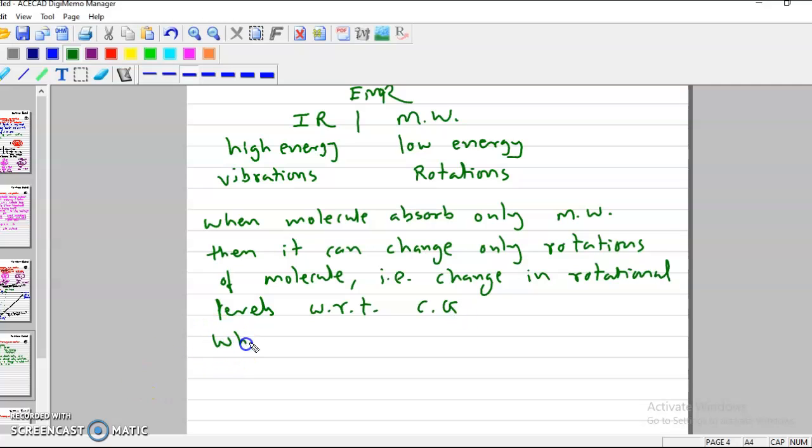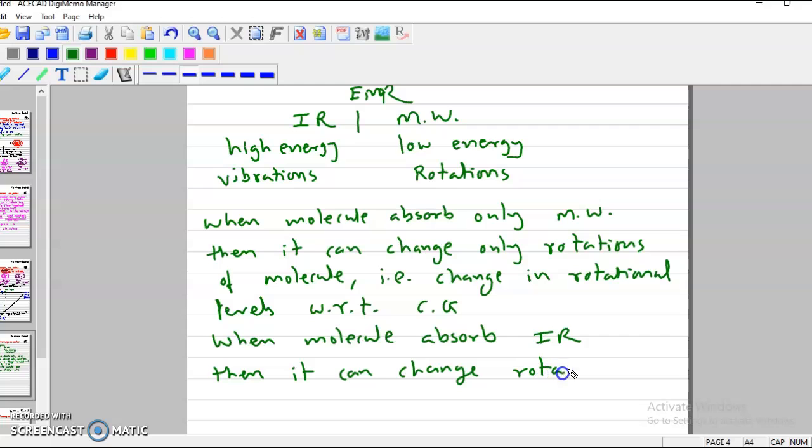Okay, but when a molecule absorbs infrared radiations, IR radiations, then because of high energy, it can change rotations, because rotations require less energy. So you find change in rotations as well as vibrations.